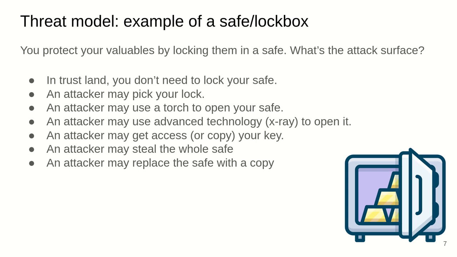So without actually attacking the safe, the attacker may be able to get information using a side channel. Then an attacker may steal the whole safe by just grabbing it and running away with it, or an attacker may replace the safe with a copy of it and then open it somewhere out of bounds, right?